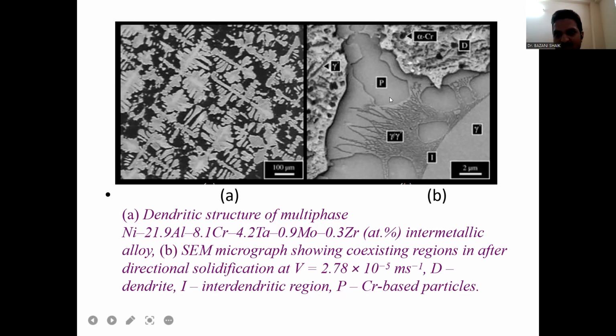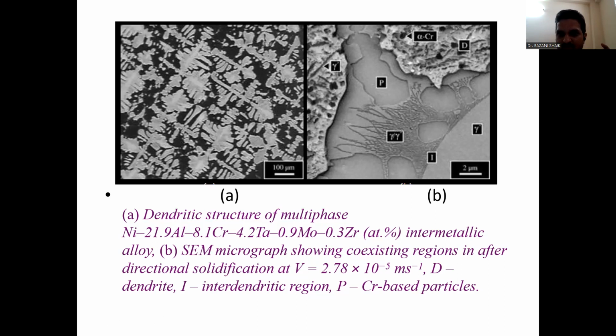Coming to another structure, at 2 micrometers, the microstructure shows the SEM micrograph, showing coexisting regions of directional solidification. These are the dendritic regions.